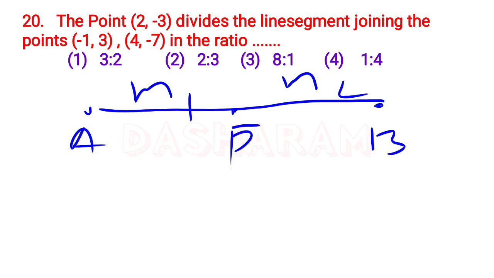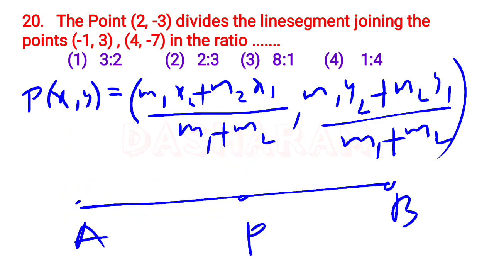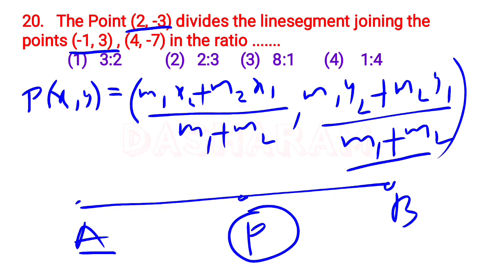To find this point P, we have a formula: P(x, y) equals m1 x2 plus m2 x1 by m1 plus m2, m1 y2 plus m2 y1 by m1 plus m2. In the question, the P value is given, that is 2 comma minus 3, the A ordered pair is given, minus 1 comma 3, and the B ordered pair is 4 comma minus 7.